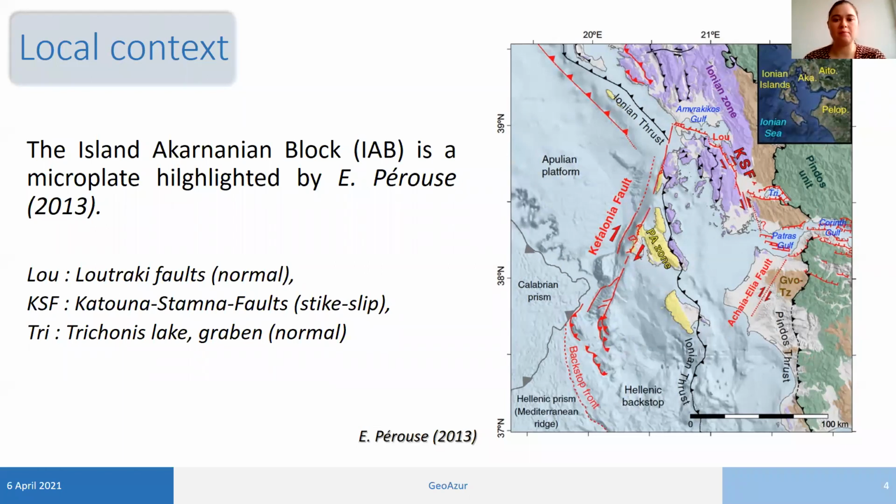This IAB block is also bordered to the north by normal faults, the Loutraki faults, here on the Ambracian Gulf, and to the east by a strike-slip fault system, the Katouna-Stamna fault system here. We can also see other systems like normal faults in the Patras Gulf and around Lake Trichonis, which is a graben system with normal faults on each side.